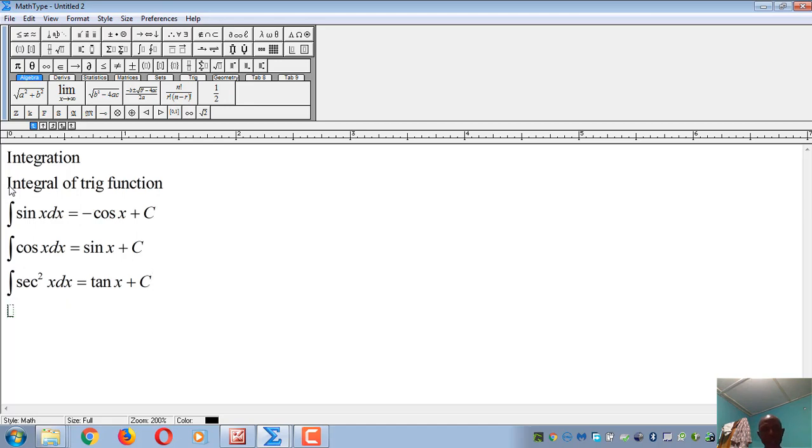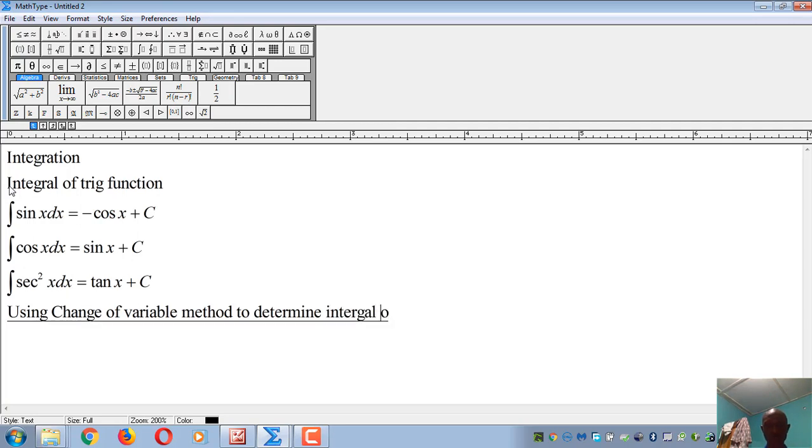So we now apply what we call the change of variable method to trig functions to determine integrals of trig functions.